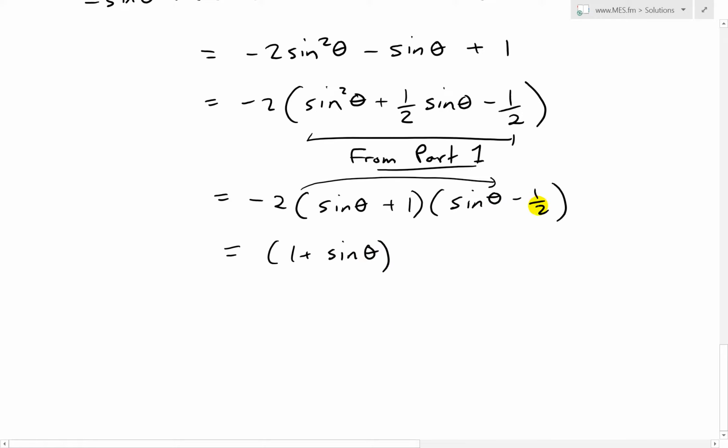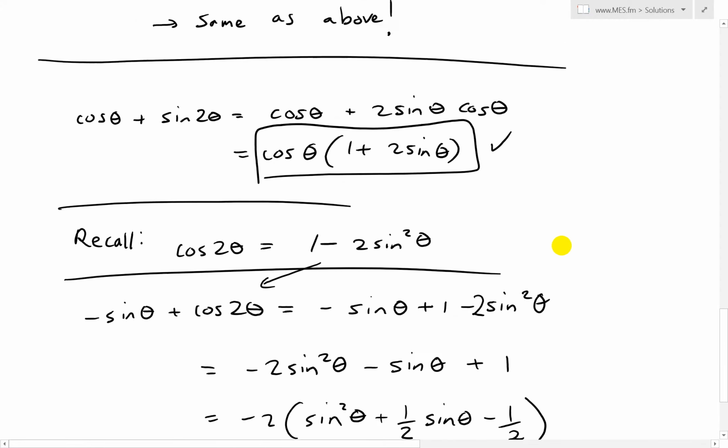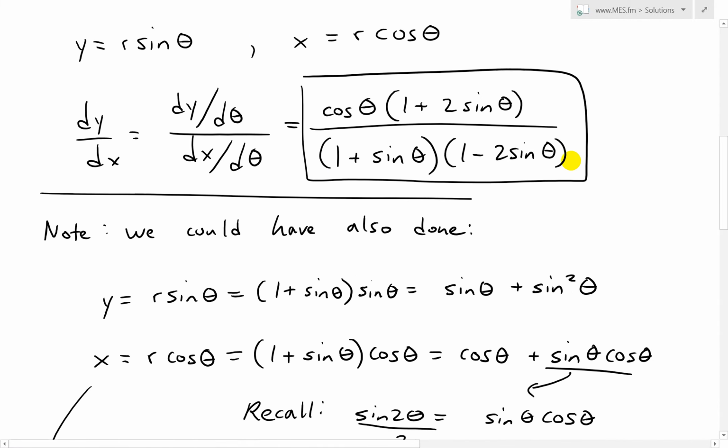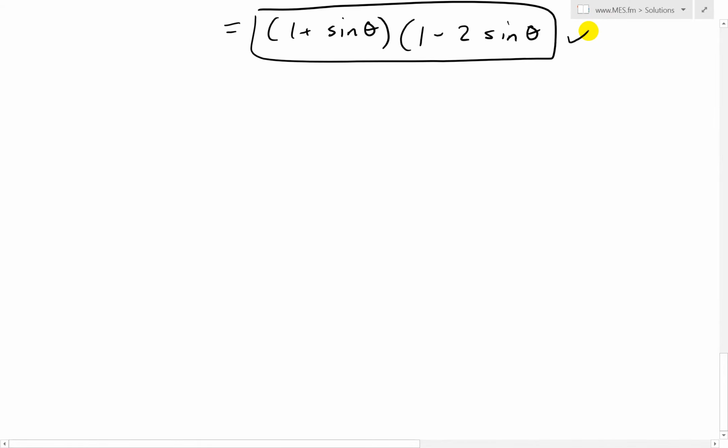Negative 2 times 1 divided by 2 is going to be positive, and the 2's cancel. So we have 1, I'm going to move that in front, and then minus 2 sine theta, like that. And this is, in fact, the denominator. So that's 1 plus sine theta, 1 minus 2 sine theta, the exact denominator.